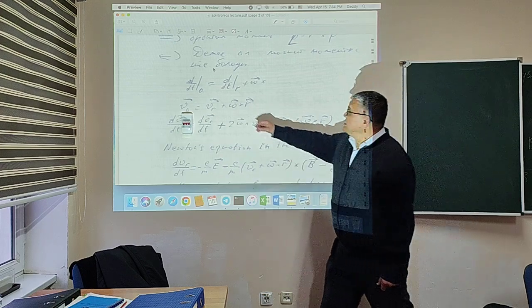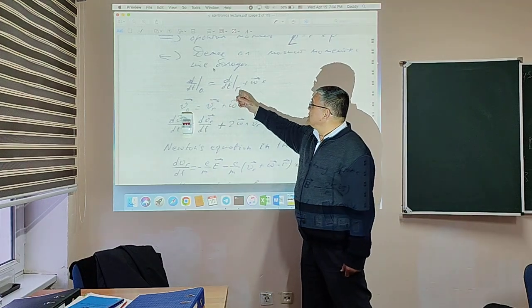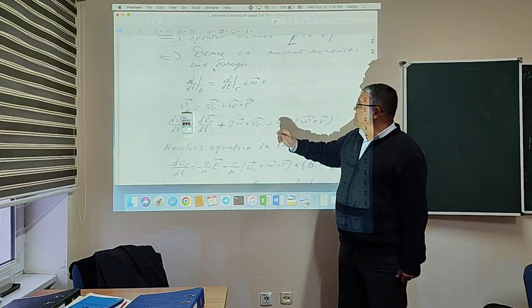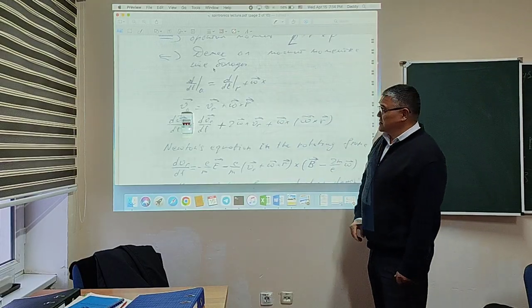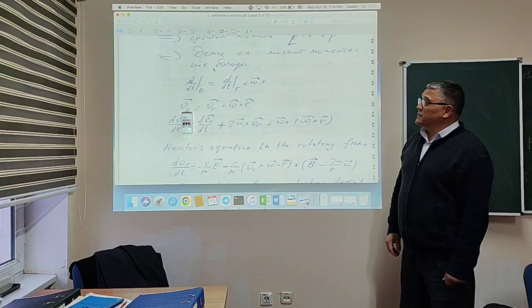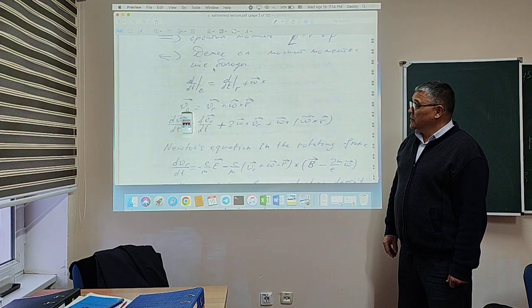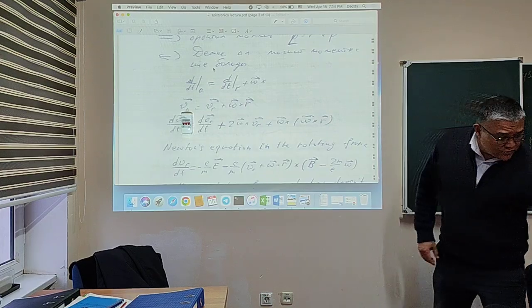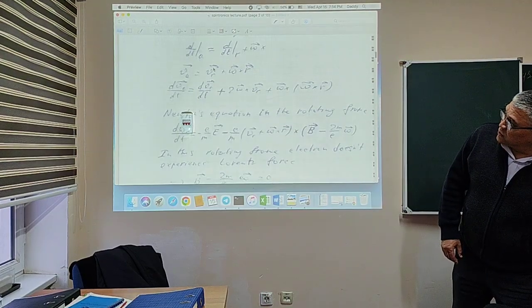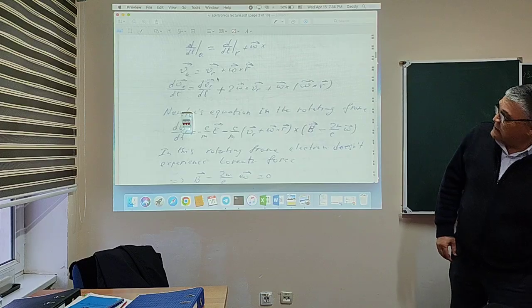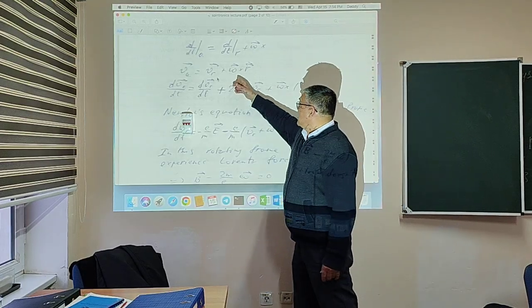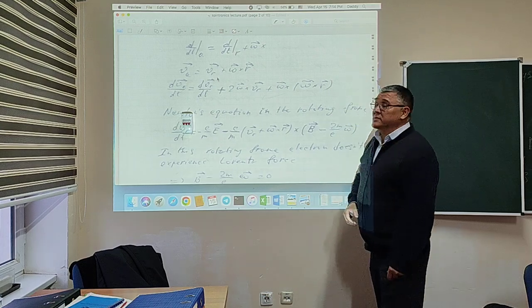Here we have d/dt in the absolute frame equal to d/dt in the rotating frame plus omega multiplied vectorially by the vector V_A. In the case when we have absolute velocity, it is connected to the relative velocity with this formula. Here we have omega times r.